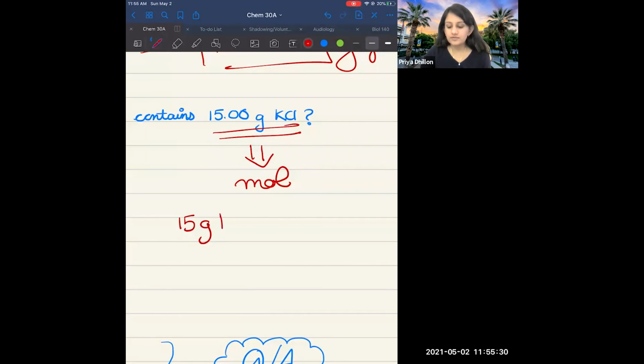So 15 grams of KCl. And then what do I put on the bottom? Can you guys look for that number from your periodic table? Basically, 1 mole of KCl has how many grams of KCl?